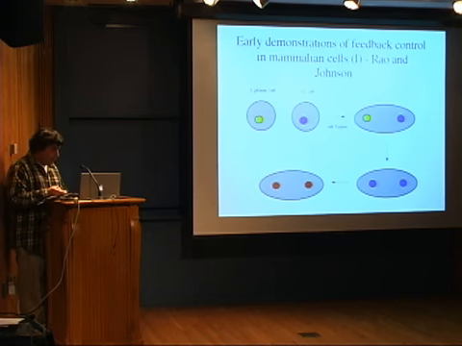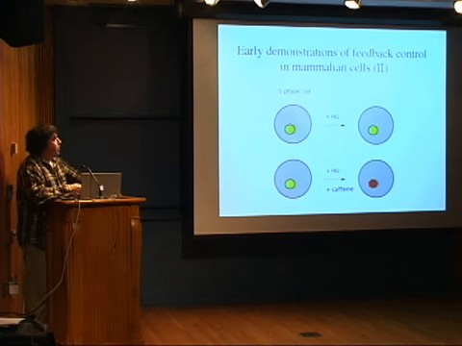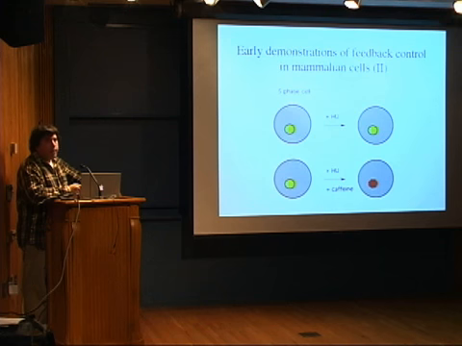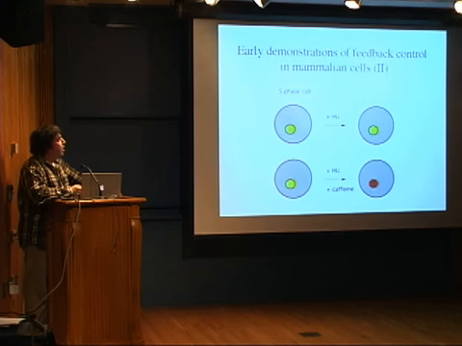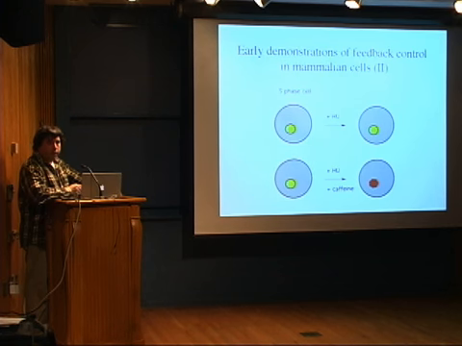Okay? And another interesting experiment was done by a guy named Art Pardee. Again, all of these types of experiments were done in the early 1970s, demonstrating again the idea of feedback control in mammalian cells, where S phase cells were treated with a drug called hydroxyurea.